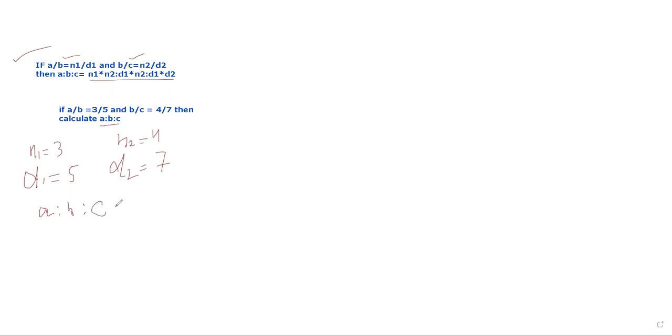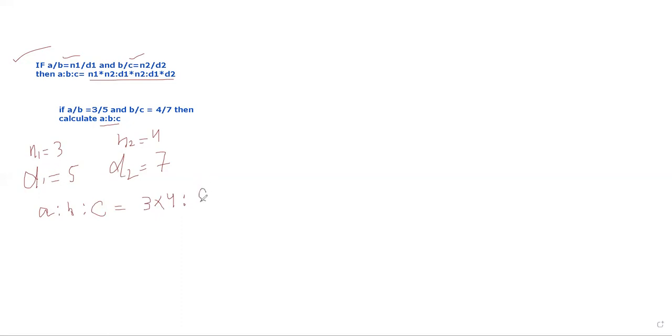This will be equal to, my dear friends, N1 into N2. Note here, N1 is 3, so I will put 3 into N2. What is N2? That is 4. Okay, 3 into 4. Then ratio. Then there's D1 into N2. What is D1? That is 5.